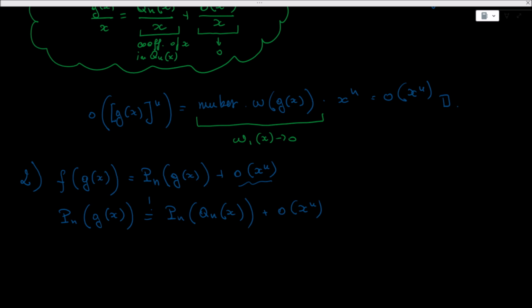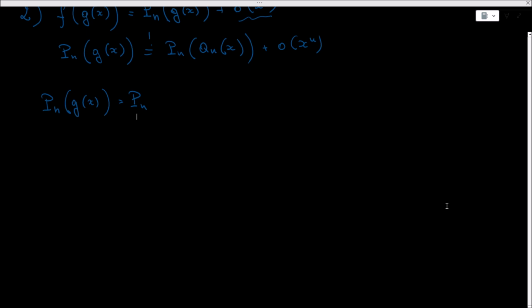Now what we can do is just take Pn of g of x and replace the expression of g of x. So this is equal to Pn of Qn of x plus little o of x to the n.